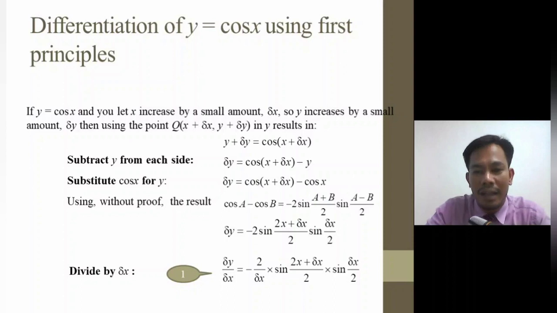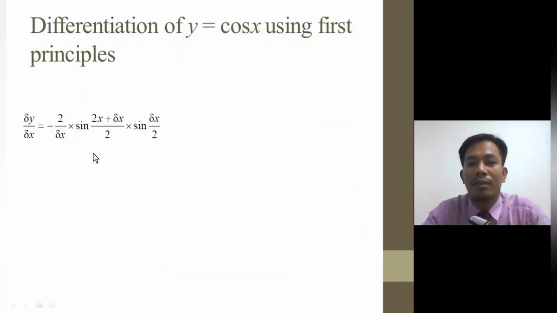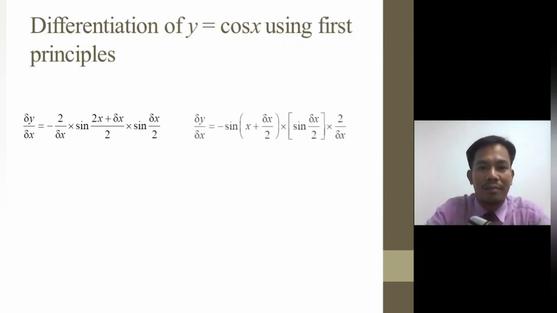Next, we'll use that to prove what the derivative of y in terms of x is when y is equal to cosine x. Let's move the 2 over increment of x to the end. We'll do the same thing as we did a while ago: get the reciprocal of 2 over increment of x and make this division.